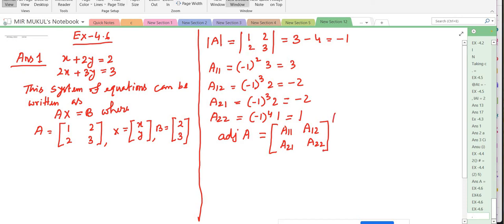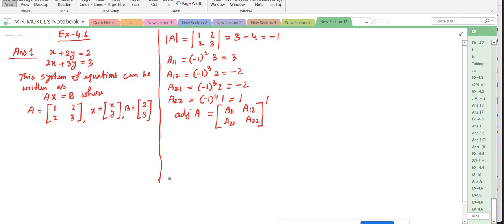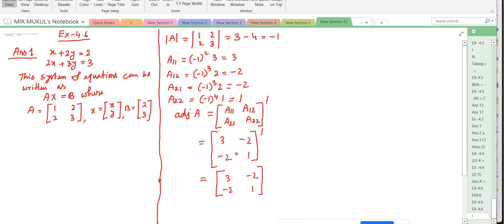You should not forget to write transpose. So we are getting 3, minus 2, minus 2, 1, and its transpose. So here we get 3, minus 2, minus 2, 1. The transpose is the same as we got.